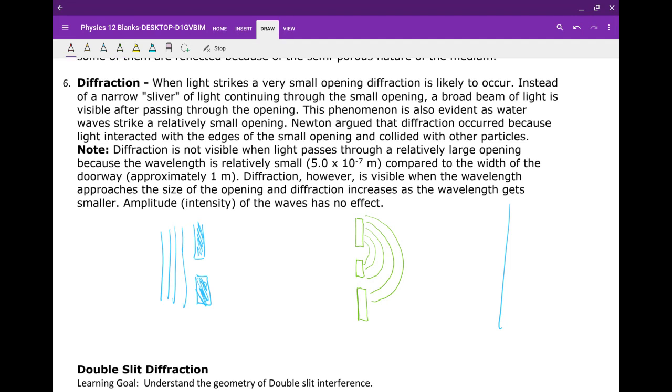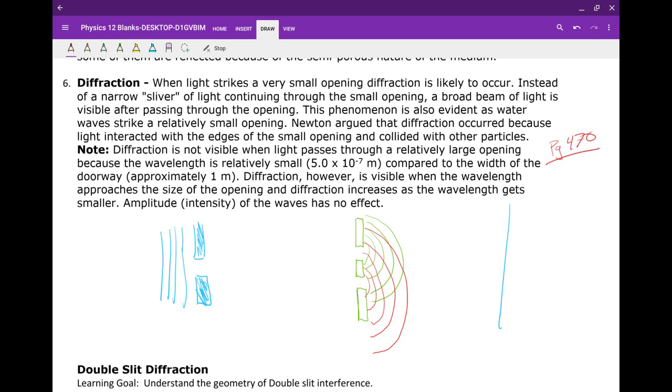And then you've got wave fronts that come out like this. On more or less page 470, there's a nice drawing of this.